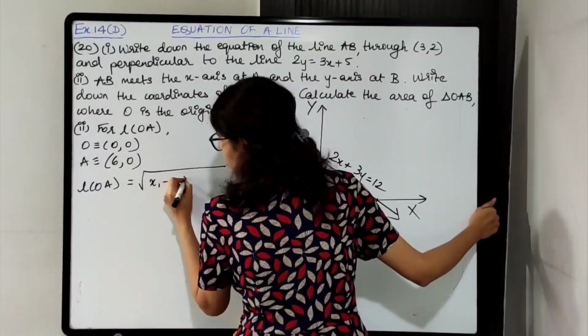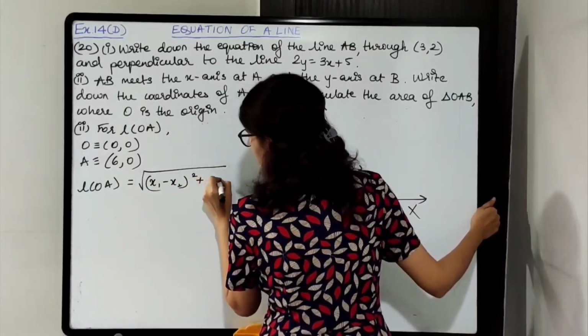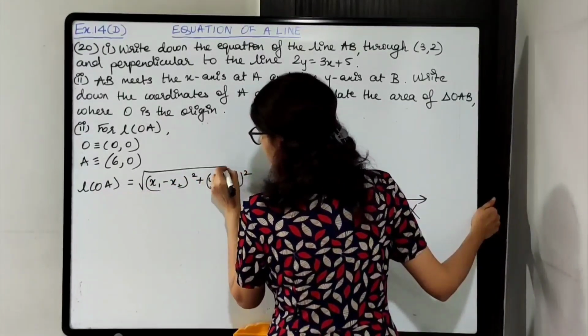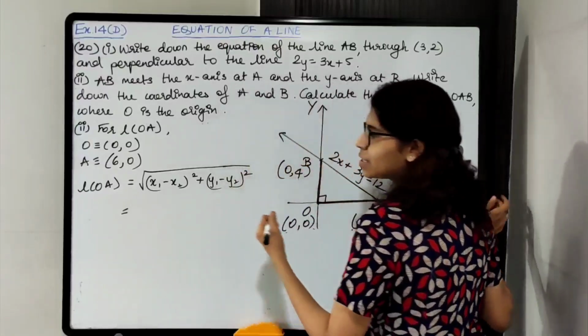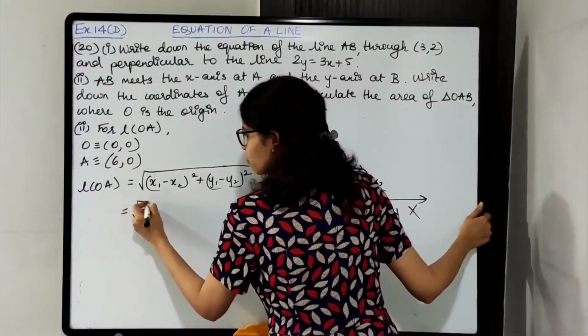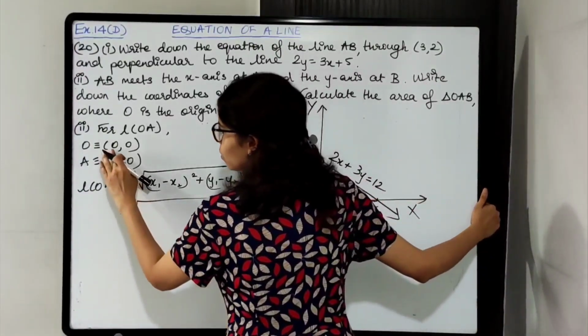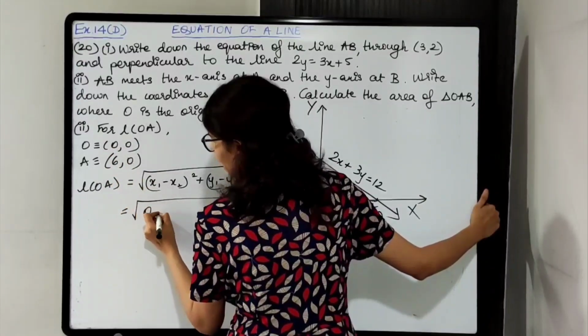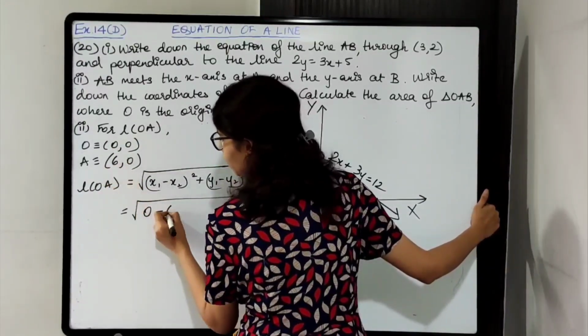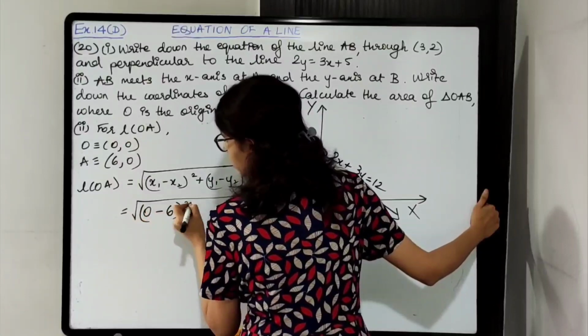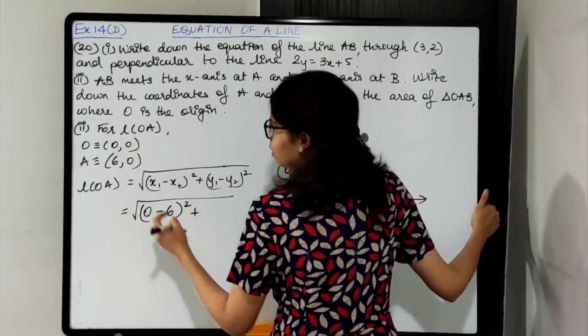x1 minus x2 the whole ka square plus y1 minus y2 the whole ka square. Put the values of x coordinates and y coordinates. So first I'll write down the x coordinate of O and then x coordinate of A. Okay, then y coordinate.